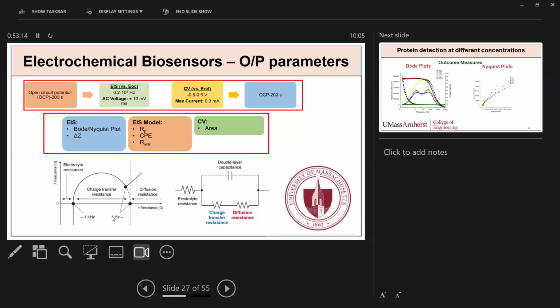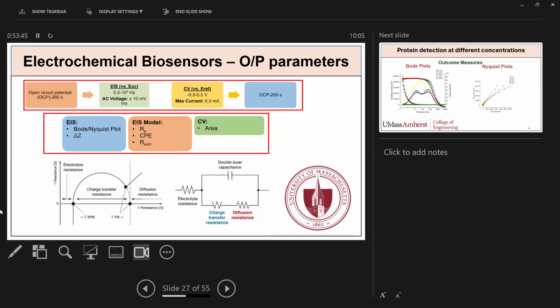And also we can get the double layer capacitance. In this work, we mostly worked on the double layer capacitance. However, in bacterial detection, we used the charge transfer resistance. If you see this slide, for EIS, I'm getting a Bode plot, Nyquist plot, change in impedance. And from the model, I am getting polarization resistance, constant phase element, solution resistance, and from CV, I'm getting the area.